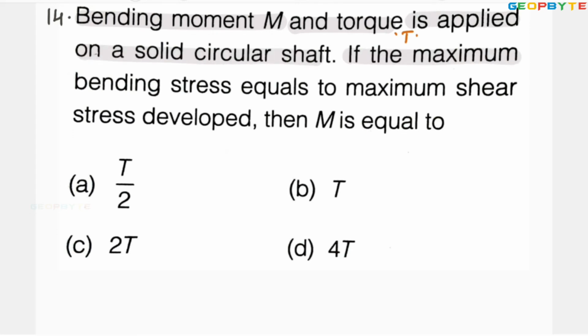If the maximum bending stress is equal to the maximum shear stress developed, then M is equal to what? This is a problem for torsion of shafts. Here M is given for bending moment, T is given for torsion. It is given that the bending stress is equal to the shear stress. What is the bending moment in terms of torque?